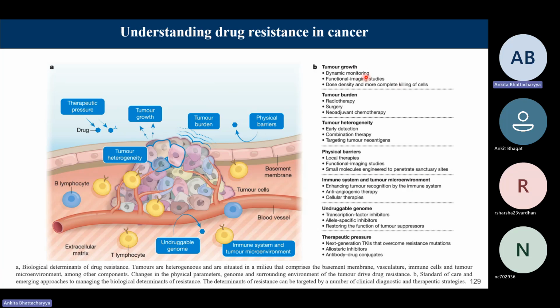You have to subject that patient to dynamic monitoring. You have to perform functional imaging studies. If you remember all of those different imaging diagnostic tests that we talk about, like PET scans, we talked about bone scans and MRIs, fMRIs. All of these are, again, let me just reiterate the fact that these tests are very expensive, and let's talk about the practicality of the situation as well.